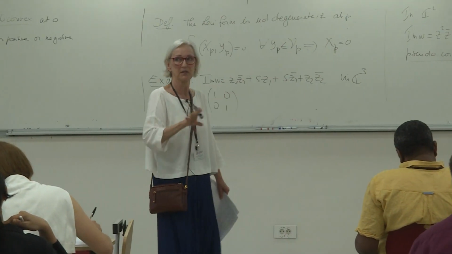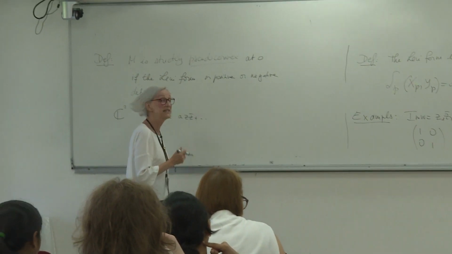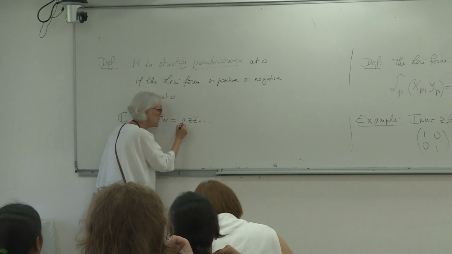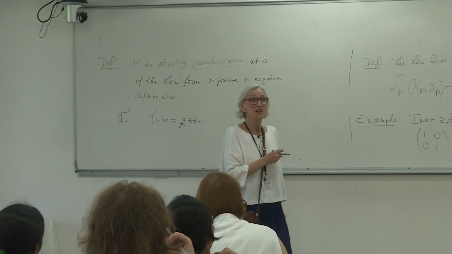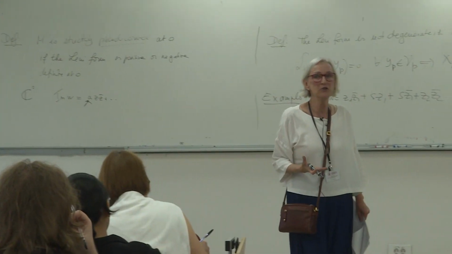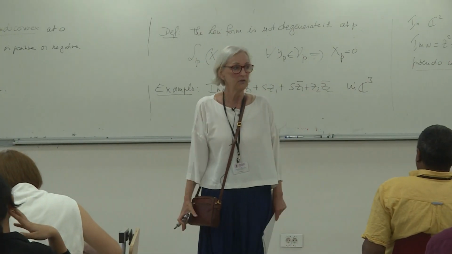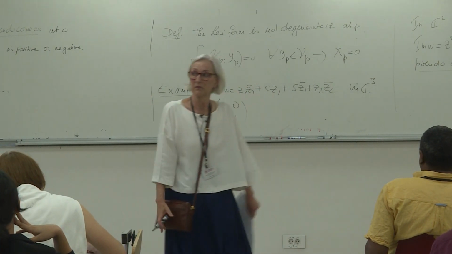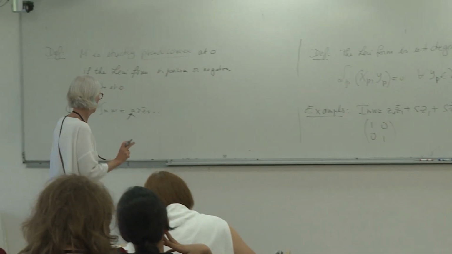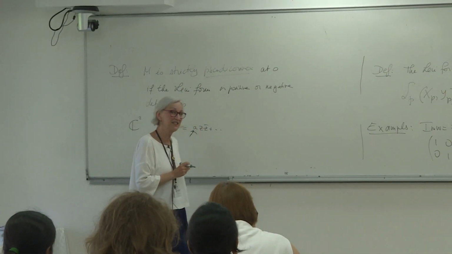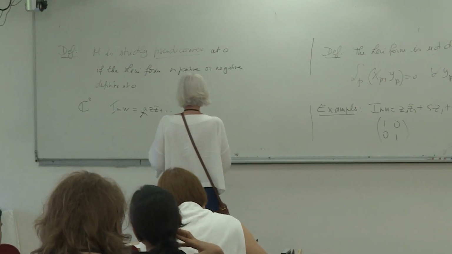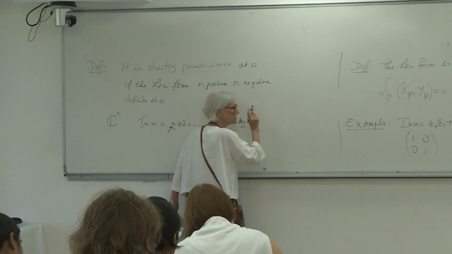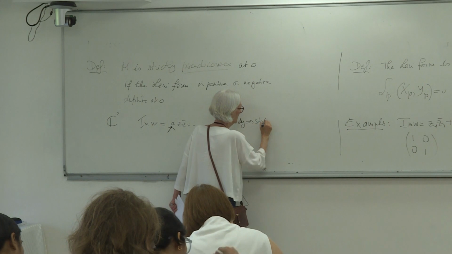And the Levi form is given precisely by this A. A is real also, because phi is a real function, it's a real hypersurface. So in C2, Levi non-degenerate implies it's always strictly pseudo-convex.